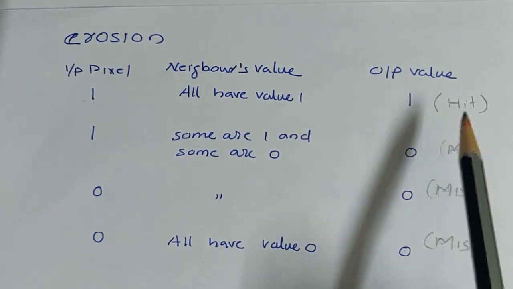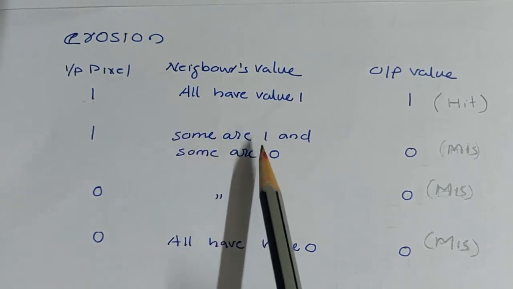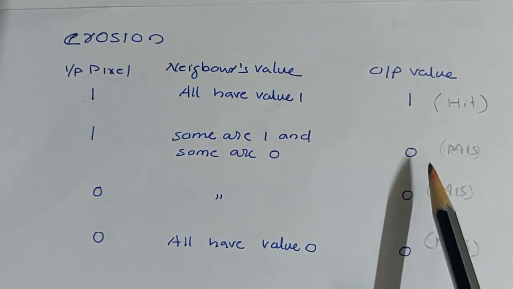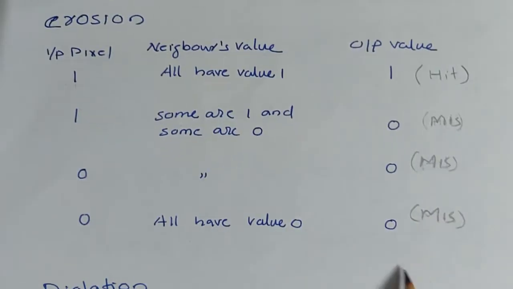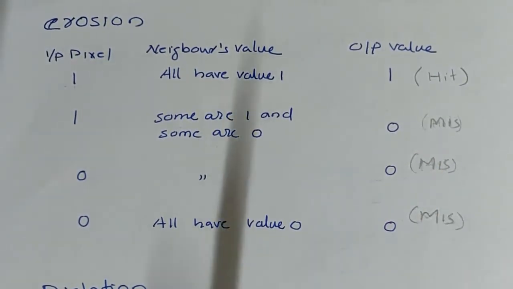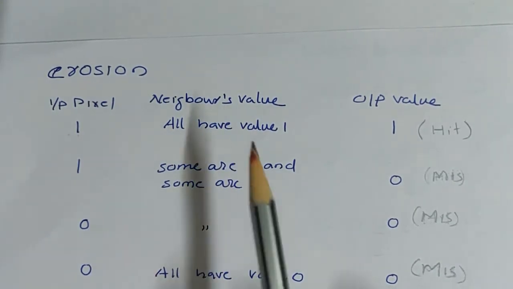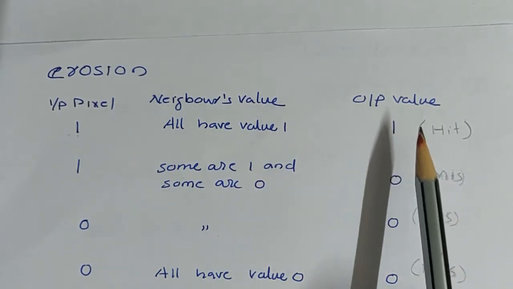This is a hit approach. If the input pixel value is 1 and some neighbors are 1 and some neighbors are 0, then the output value will be changed to 0. Only in one case, when the input pixel value is 1 and all neighbors have value 1, will the output be 1.